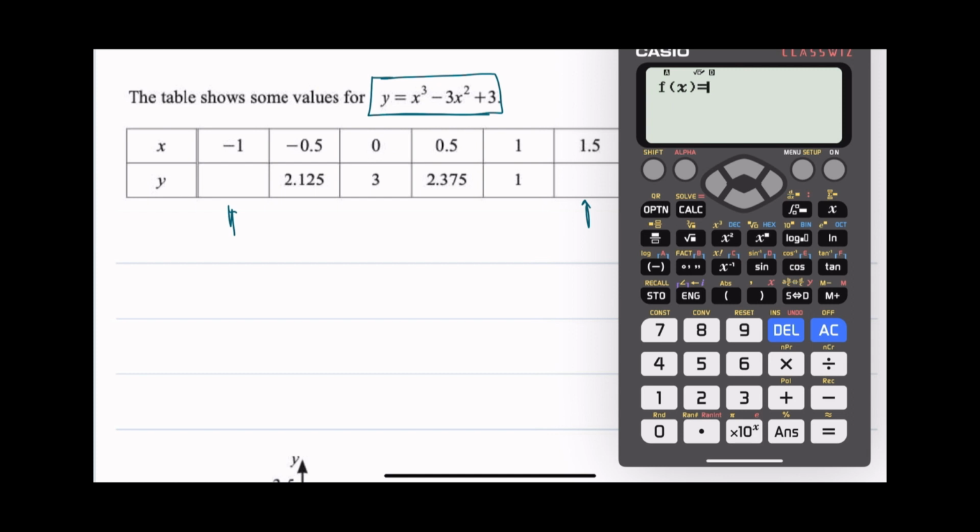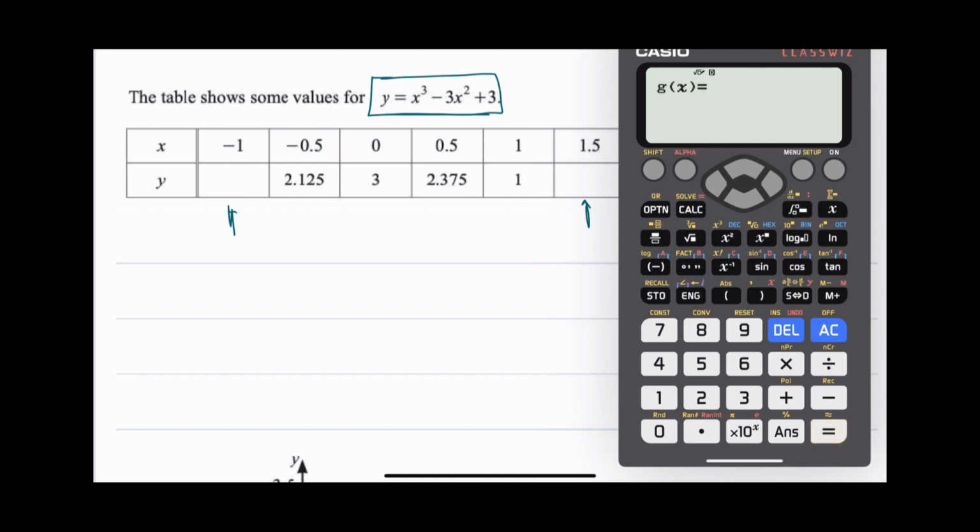You could see the highlighting button now. To the power 3, then minus 3, alpha again, x, instead of x I'm taking that bracket, x squared, and then plus 3. I've written down the equation.